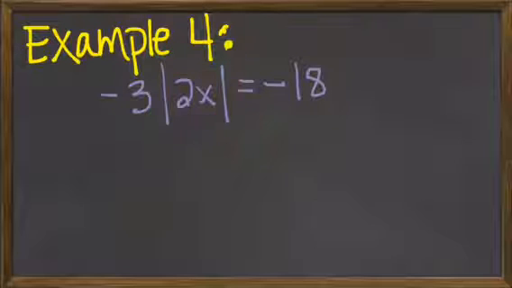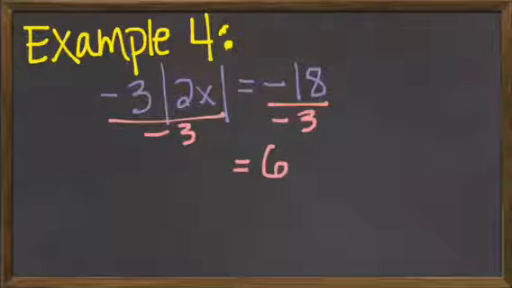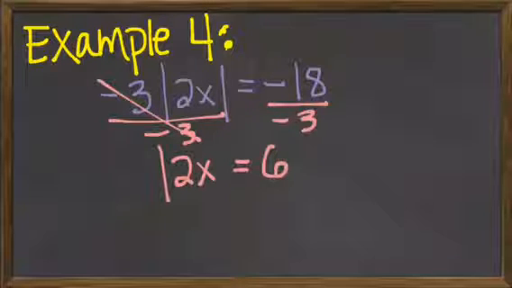So what we're going to do is divide by negative 3. And this time when we divide by negative 3, we end up getting positive 6. These are gone, and we are left with the absolute value of 2x equals positive 6.